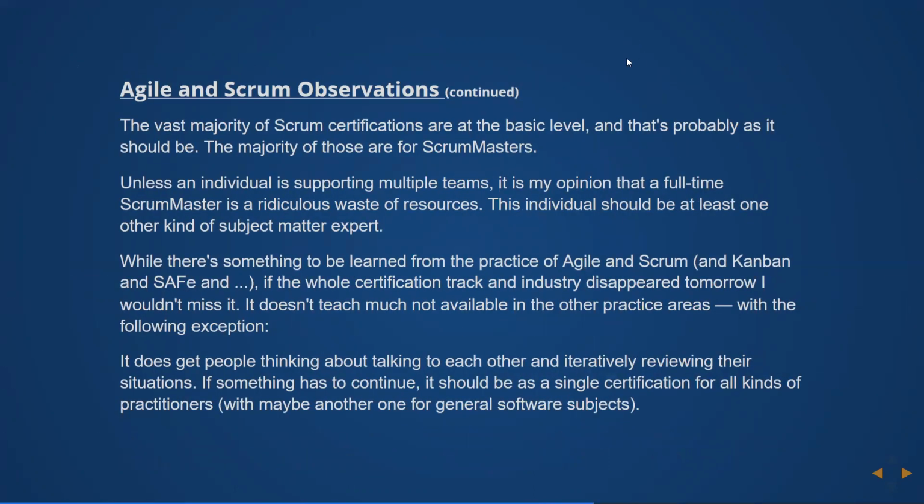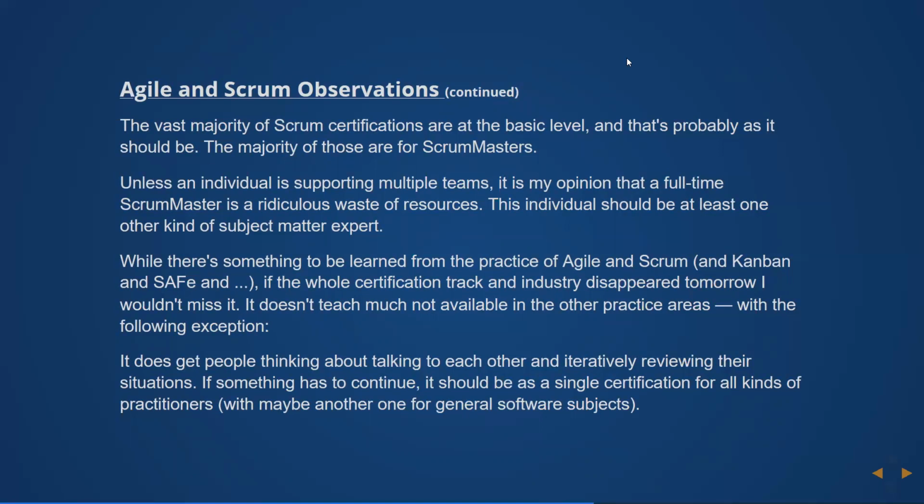So, the vast majority of Scrum certs are at the base level. For example, Scrum.org lists the number of certificates of each kind, and there are like 400,000 Scrum Masters, about 100,000 product owners, and far fewer developers.